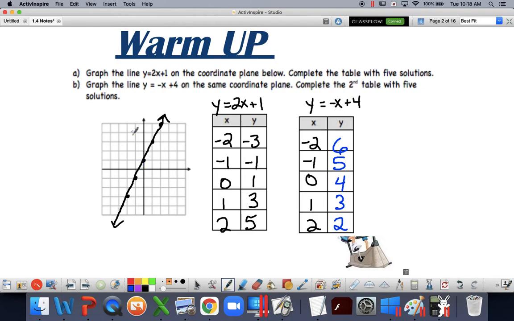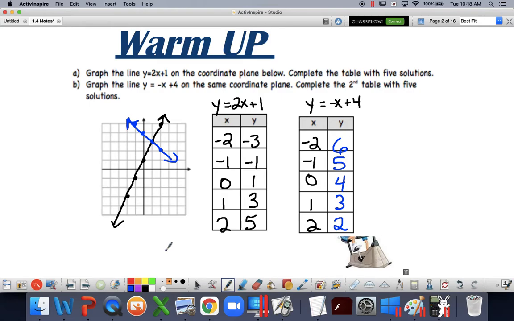So negative 2, 6, I believe that's off my chart there, so I'll start with negative 1, 5. There we go. I now have two lines.